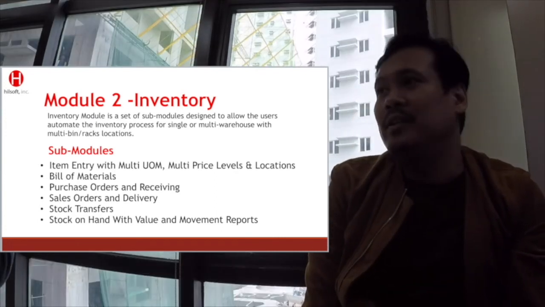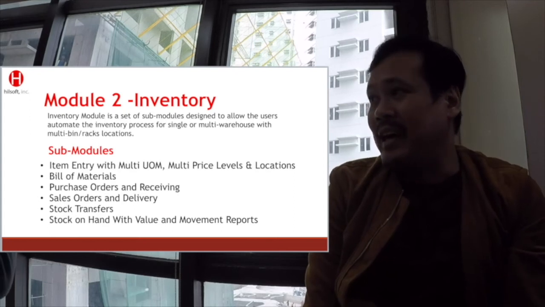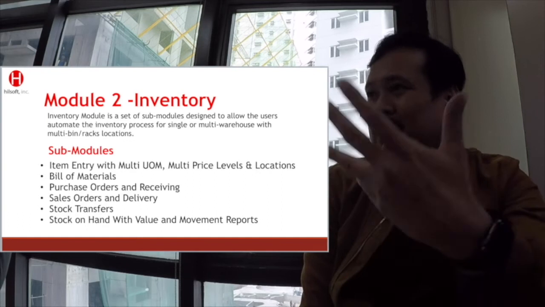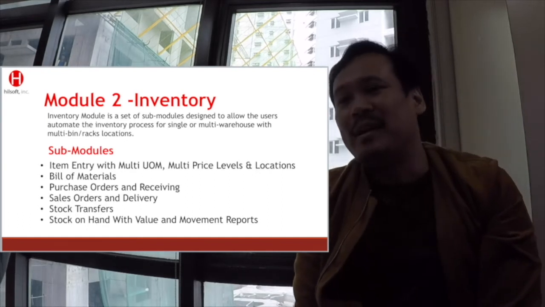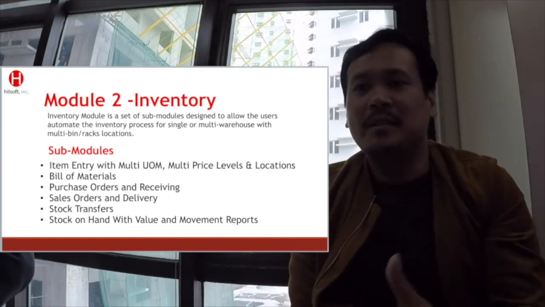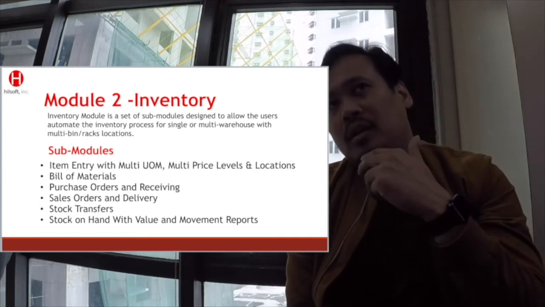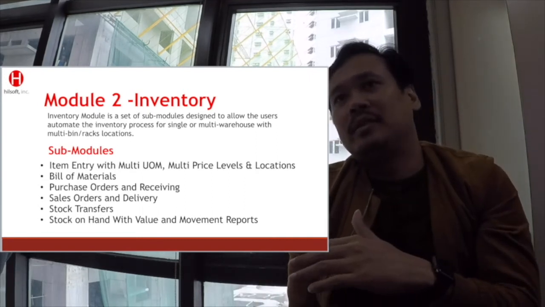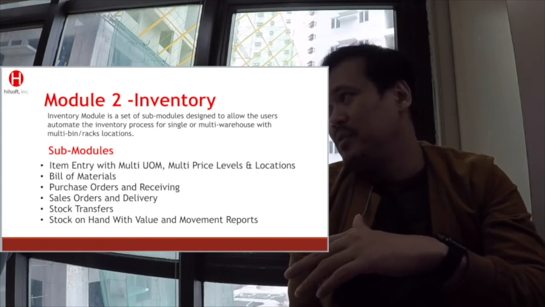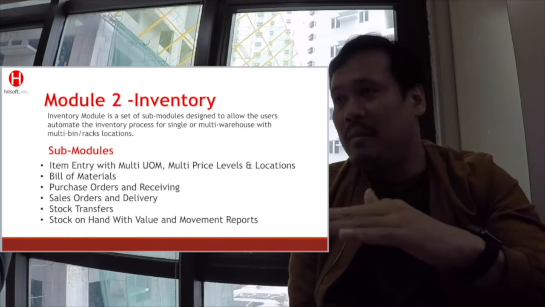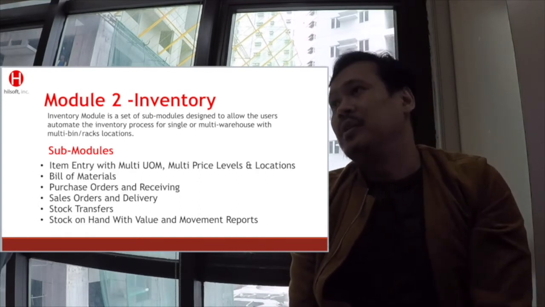Where is the other inventory item? Diba? Well, you did not give it to us, so we were not able to upload it. Pero what I'm saying is, dapat kung ano yung ginagamit nila sa PO when they procure orders sa supplier nila, yun dapat ang lalabas sa master list of your inventory.